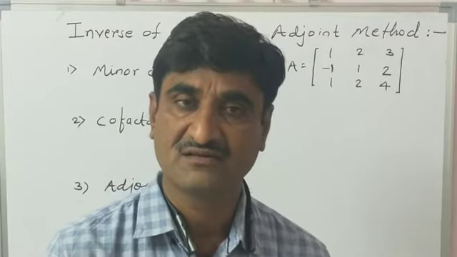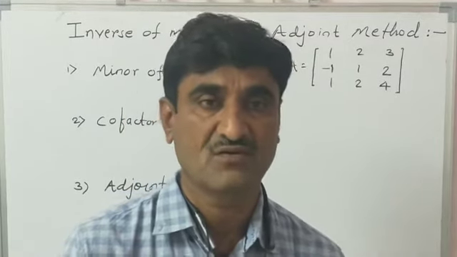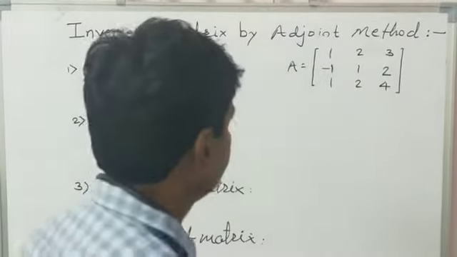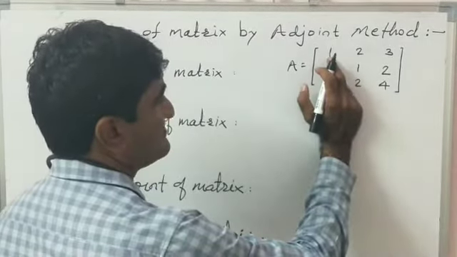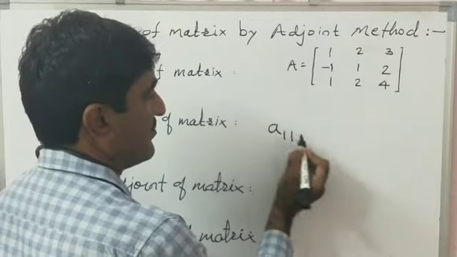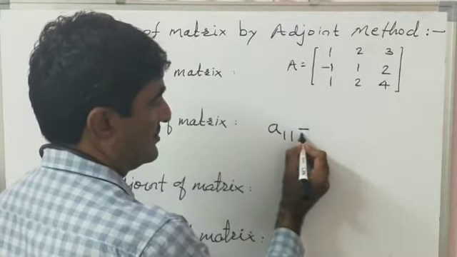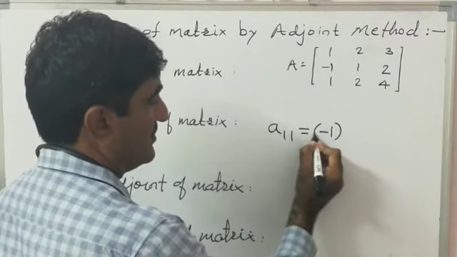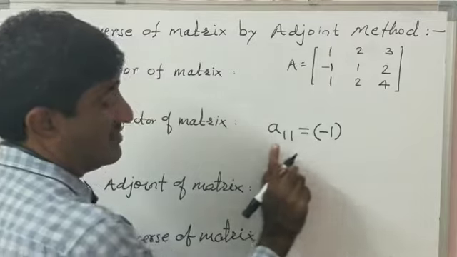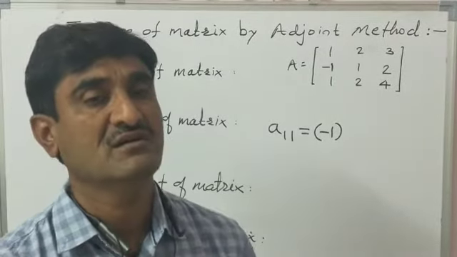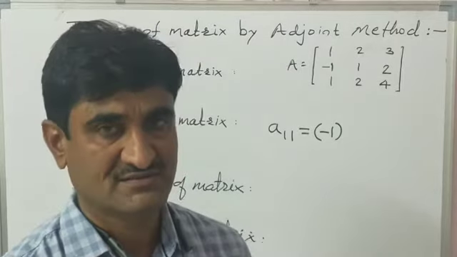Now listen, how to find the cofactor of the elements. For A11, the coefficient is -1 to the power of the addition of the row and column in which the element is included.